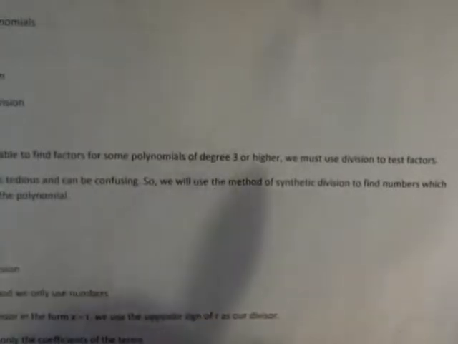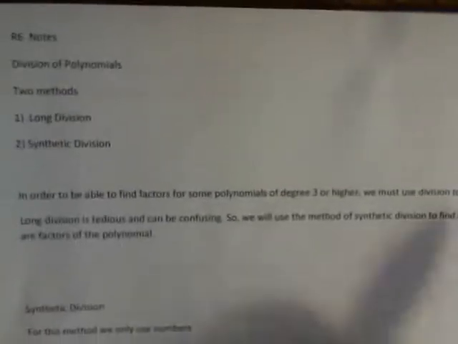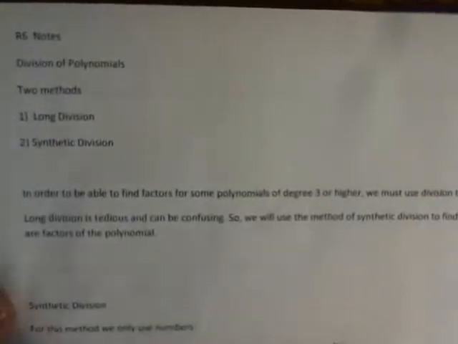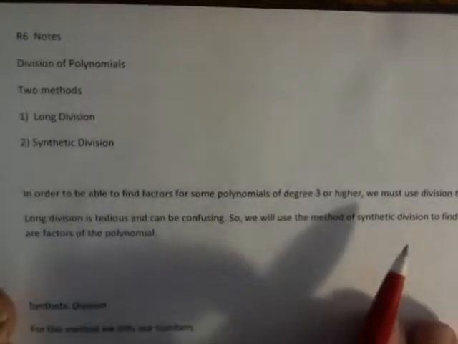And we must use division to test for factors. So if you just think about numbers, when we talk about factors, factors are numbers that can divide into another number with no remainder.